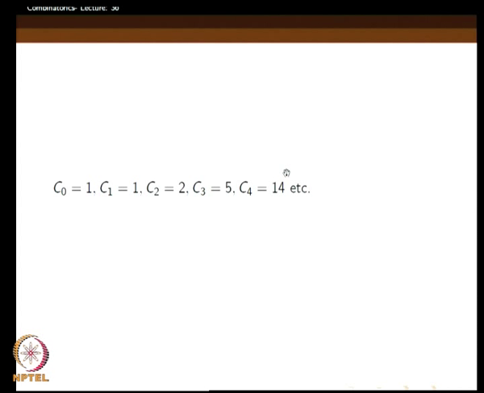C4 is 14, and this exactly matches with the values we got for B0, B1, B2, B3, etc. So, the kind of tree diagrams we are considering, the rooted binary trees which are ordered, left and right being different, the way we draw, actually correspond to the Catalan numbers. The nth Catalan number gives the number of diagrams possible when there are n vertices in the tree.